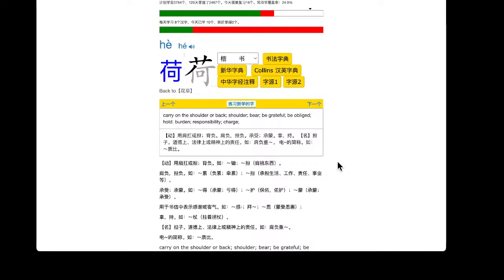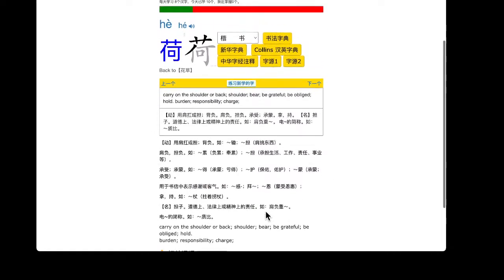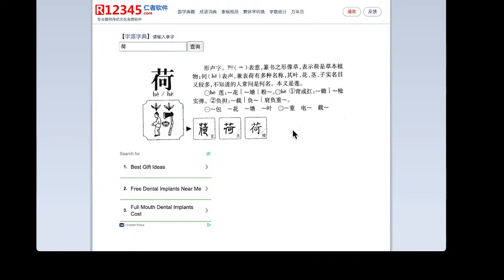Okay, and then because of that carry on the shoulder or back, they extend it to mean responsibility, obligation, someone's burden, or in charge of something, things like that. Okay, so let's take a look at the character itself. Now this one has the grass radical on the top, and then on the bottom is 禾.